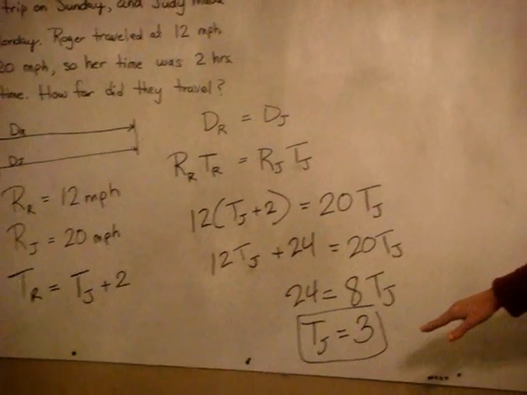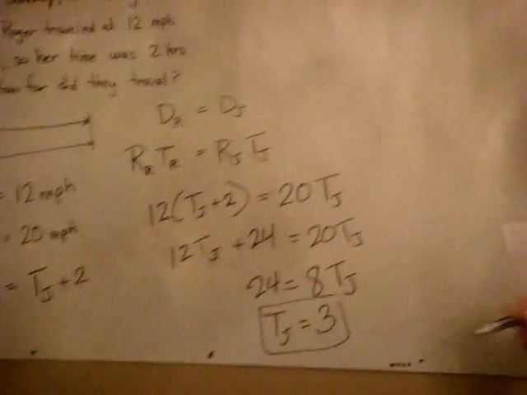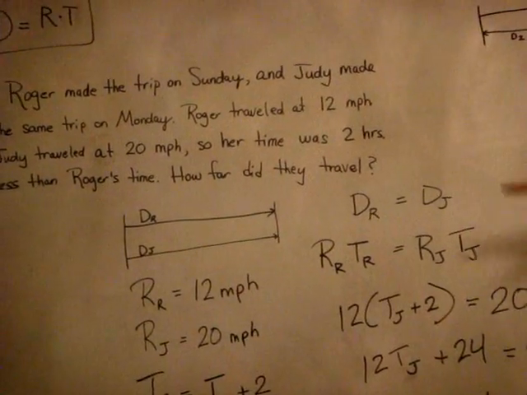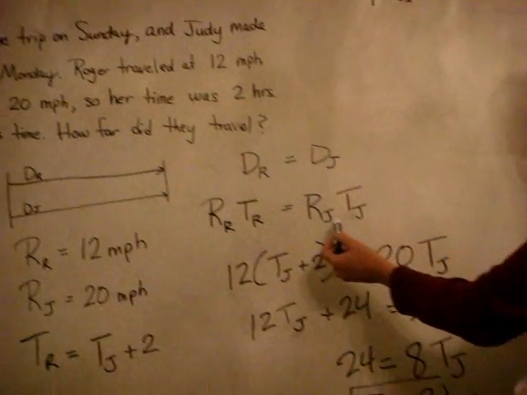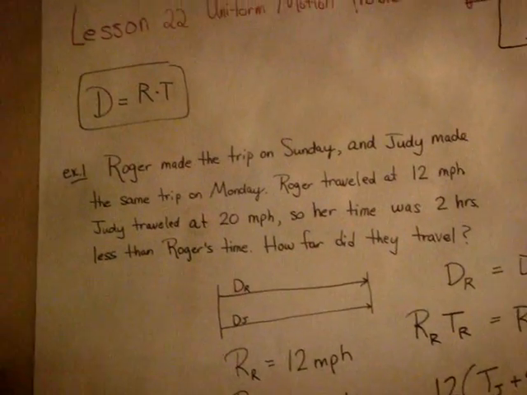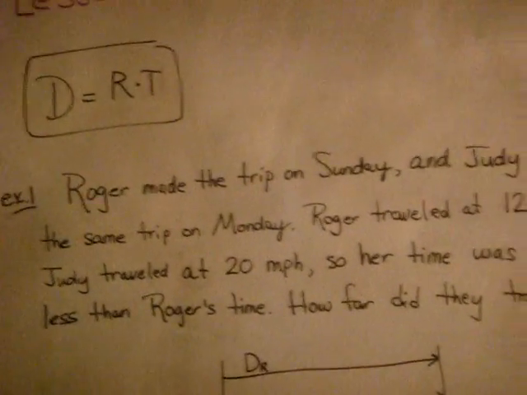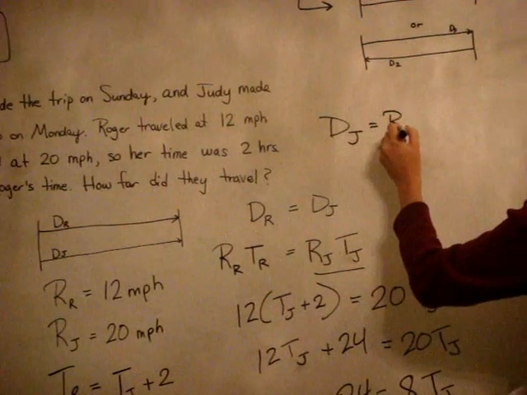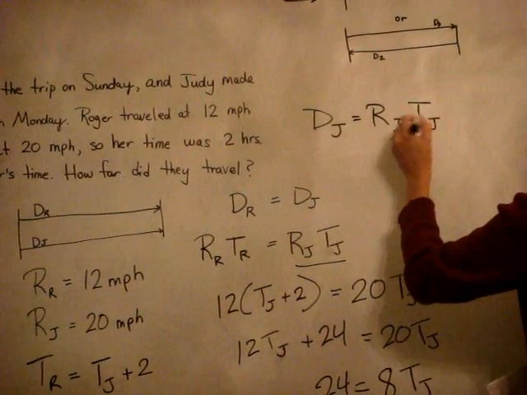That's not everything we need, though. We know the time of Judy is 3 hours, but you have to go back and see what the question's asking. It wants to know how far they traveled. So we need to go back up here, and we know that distance equals rate times time. Let's just pick Judy's distance. The distance of Judy equals the rate of Judy times the time of Judy.